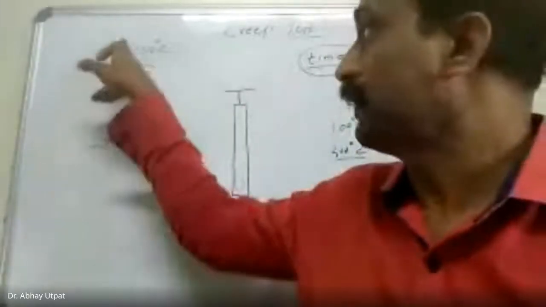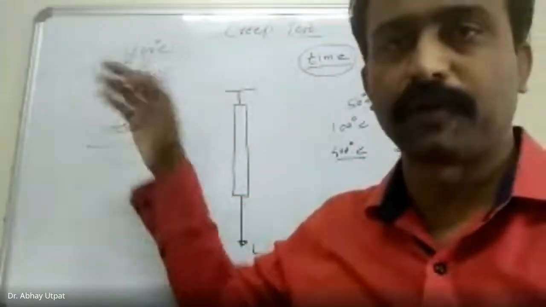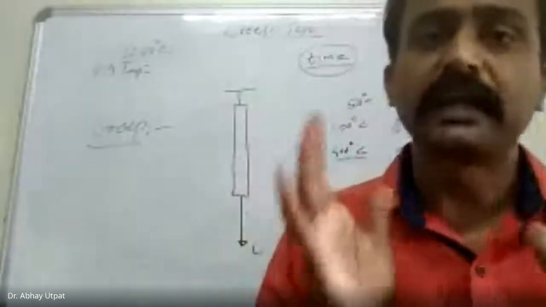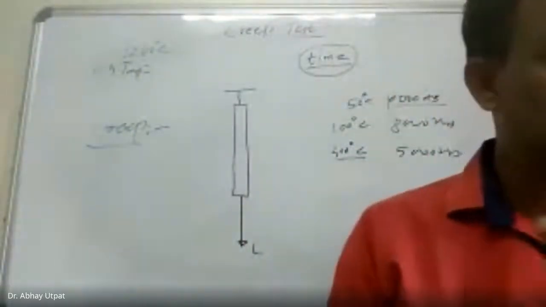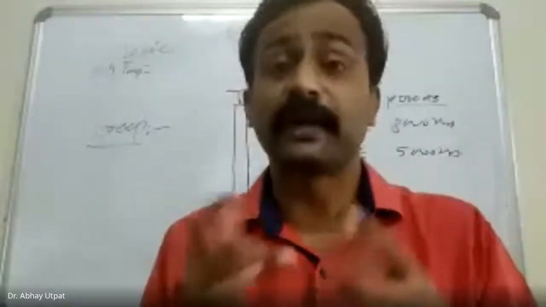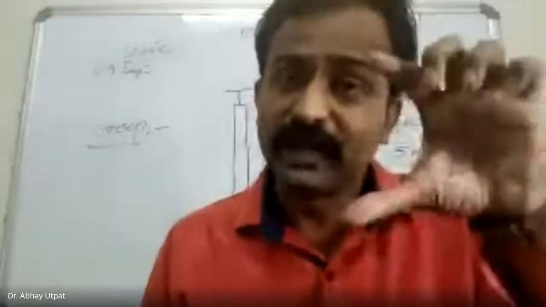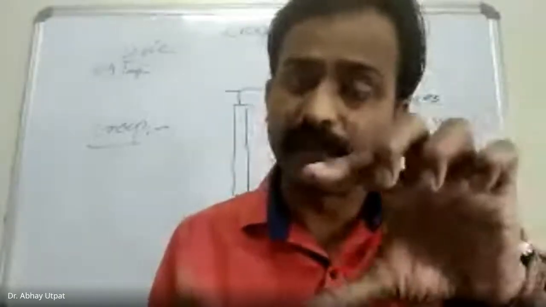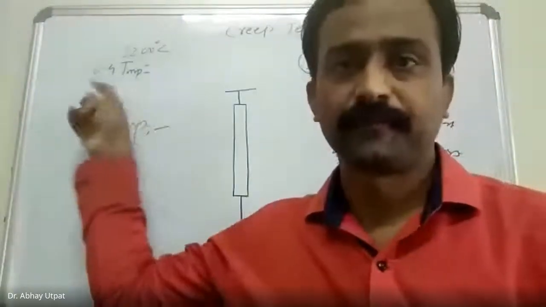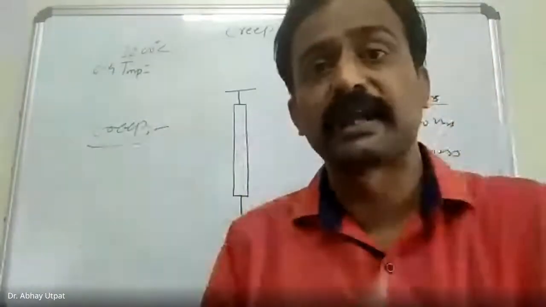Accordingly, multiply the melting point by 0.4. So creep is nothing but slow and progressive deformation at constant load and constant temperature, provided that the temperature must be more than this 0.4 TMP. Then that failure is called creep.